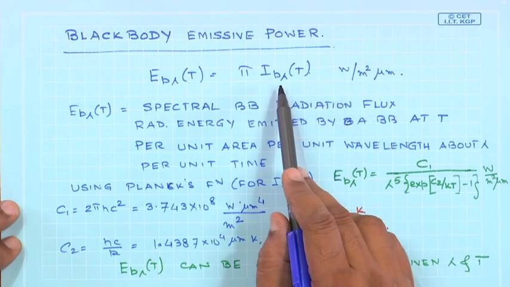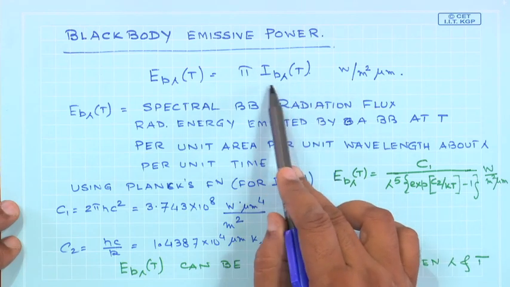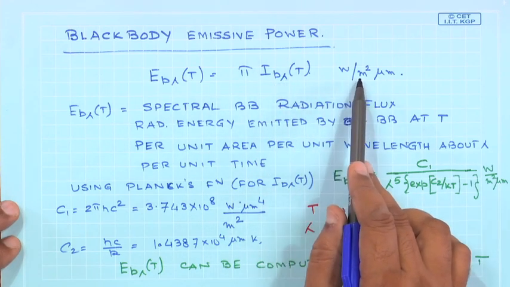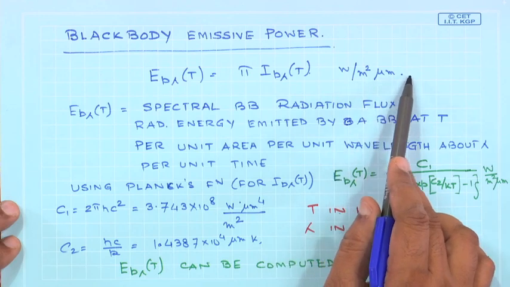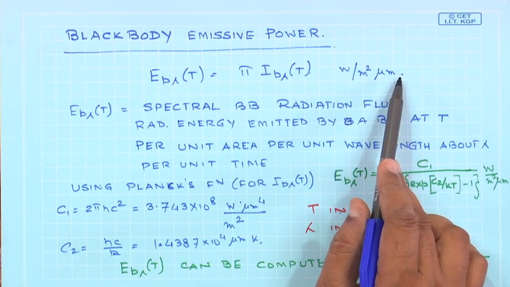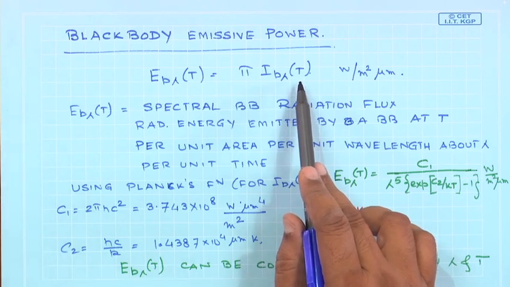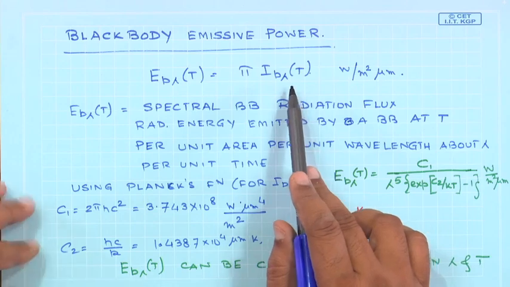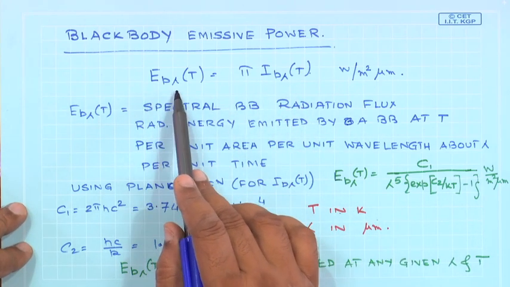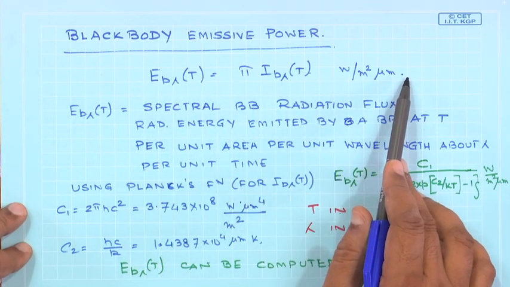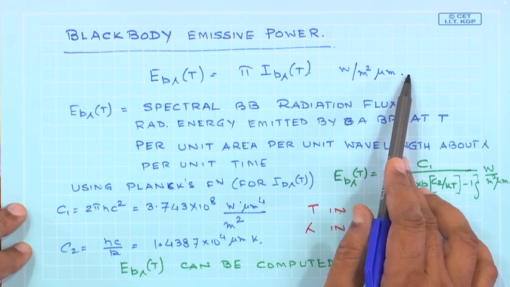If you remember, the units of I b lambda T are watt per meter square per micron per steradian, but since we have integrated this over the entire hemispherical space, taking into account the variation of the angle, this E b lambda T does not contain any solid angle.